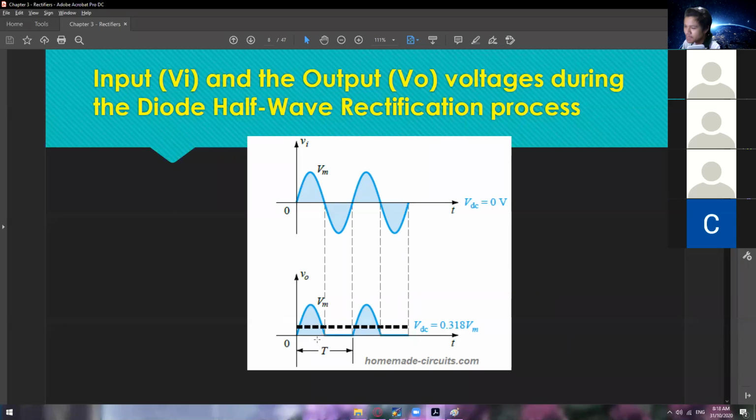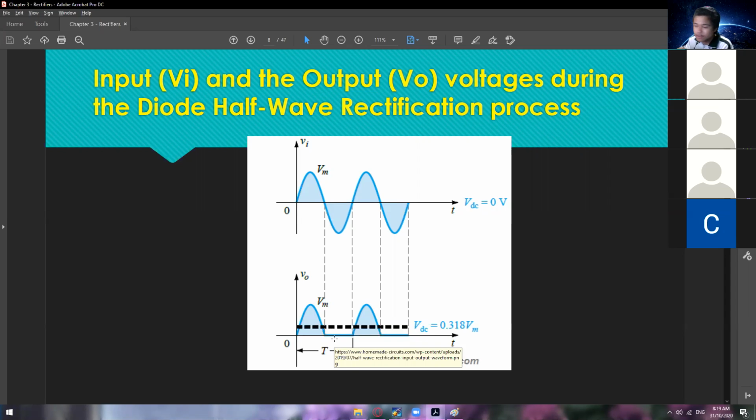So for the first half cycle, if we only have half cycle, that is 1 over pi. But if we have 2 complete cycles, then you should put here 1 over 2 pi. Oops, no, sorry. Not 1 over 2 pi. It's 2 over pi.